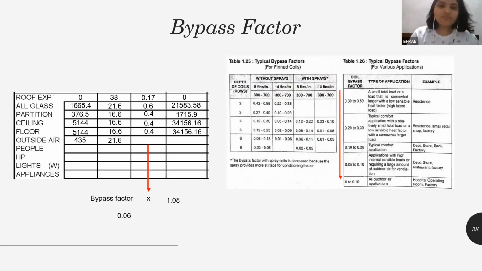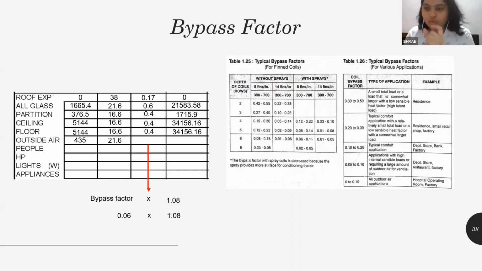Your bypass factor, when you're selecting it based on your equipment, depends on the number of coils, the depth of each coil, whether it is finned or not, and whether you are using spray or not. But if you are sure about what system you are going ahead with, then you can make calls and find out the number of coils and all that you're going to propose. So I took 0.06.